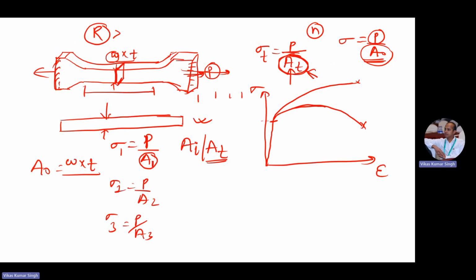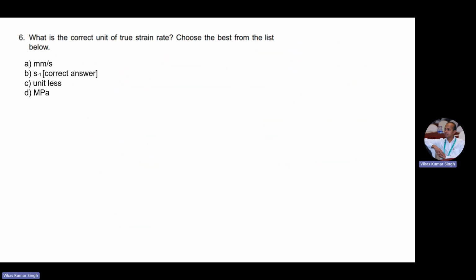Okay. So now we'll come to the next question, and again it's a very simple question. What is the correct unit of true strain rate? Whether it's true strain or engineering strain, the unit will be the same.